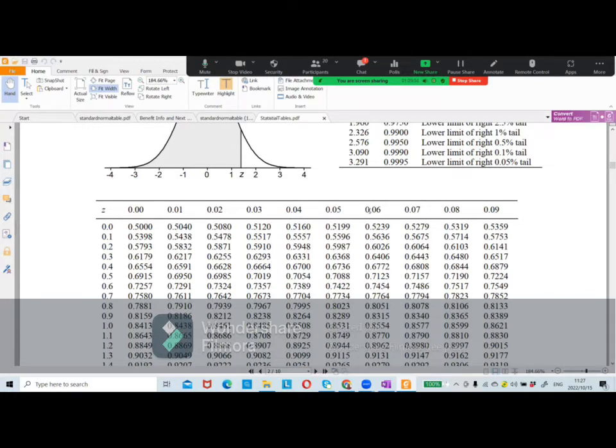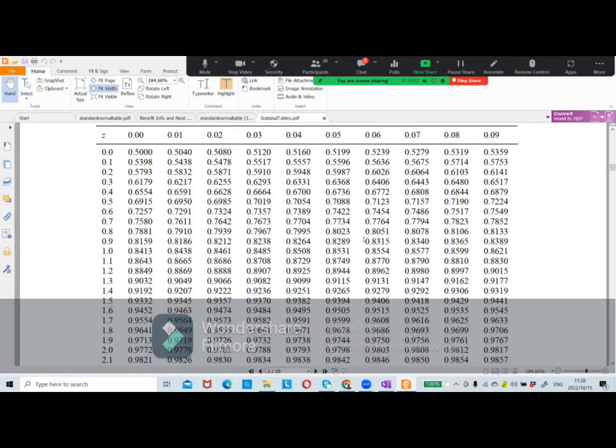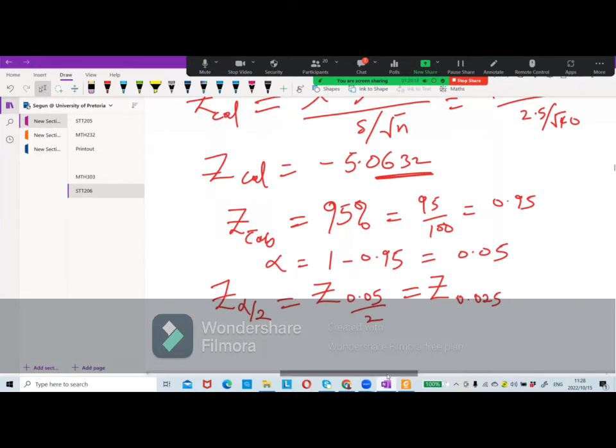Anybody? 0.05. Remember, if I don't divide it by 2, I will have this.